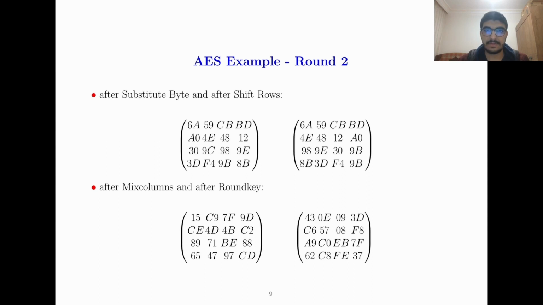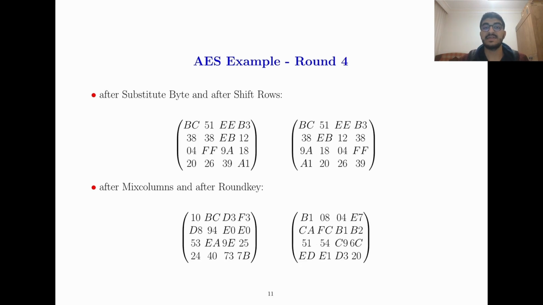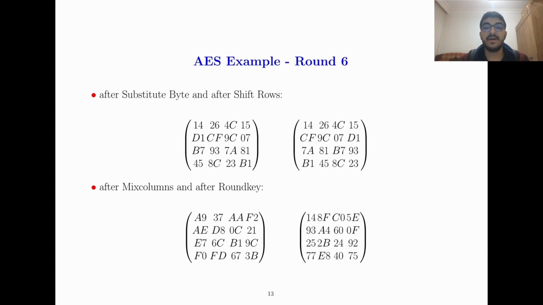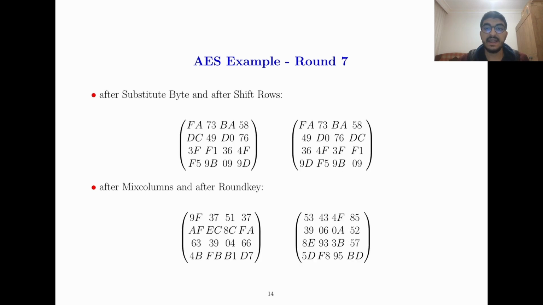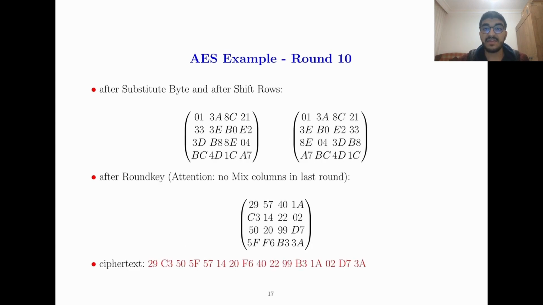In round 2, in round 3, in the same order, in round 4, in round 5, in round 6, in round 7, in round 8, in round 9, in the same order, but in round 10, we are doing substitution bytes, then the shift rows operation, then we don't have the mix columns operation. We are just using the add round key operation in this step. And after this step is applied, we have the ciphertext.